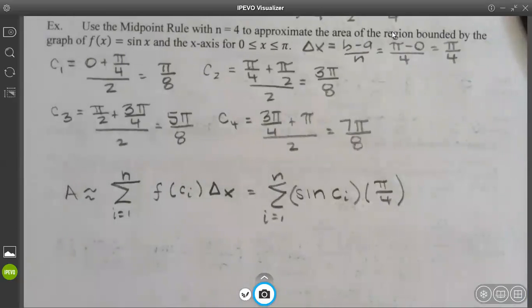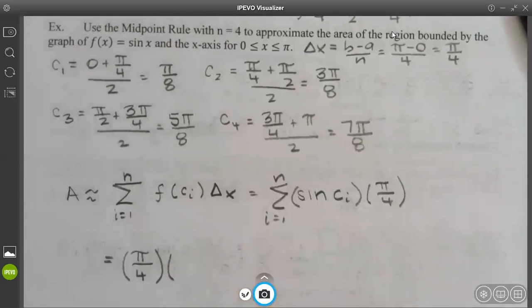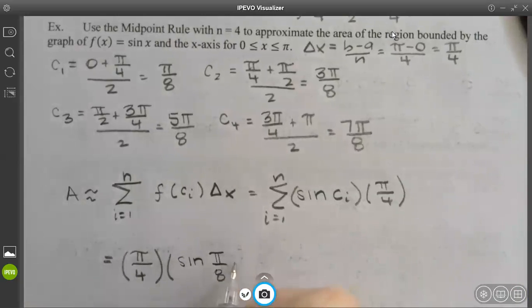So now your summation is going to be that pi over 4 times, what does summation mean? It's in the word. It means sum, or add them together. Sine, what was your first midpoint? You're going to add sine, what was your second midpoint?